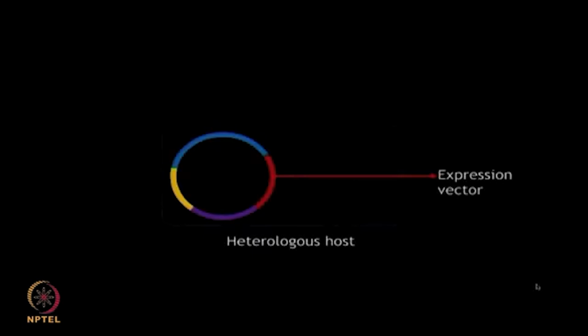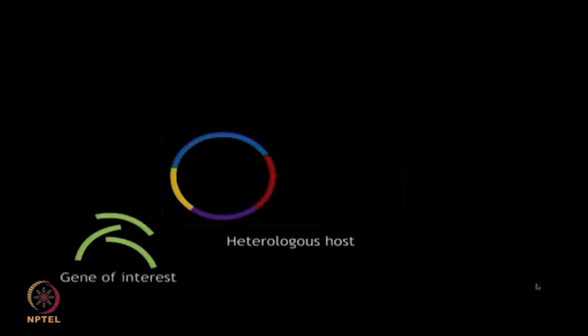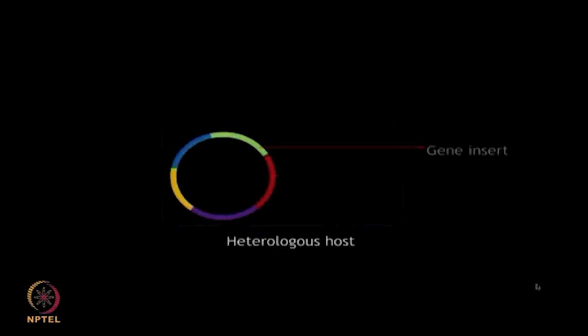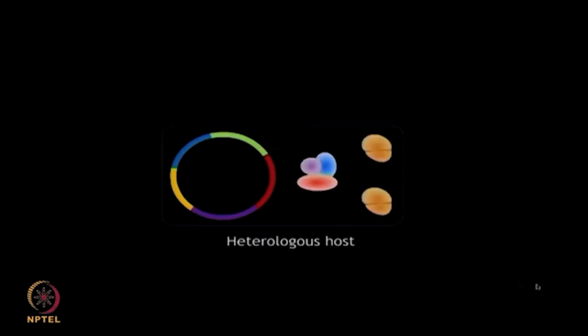How to express the proteins and purify? The gene coding for the protein of interest is expressed in a suitable heterologous host system such as E. coli by using expression vectors like plasmids.